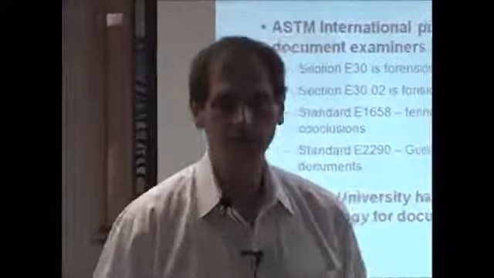Now, in document examination, we have what are called known sets and questioned sets. The questioned are the ones where we're not sure who wrote this, or we're not sure of the origin of the document. The known are the ones that come from the person who we want to check, we want to compare.